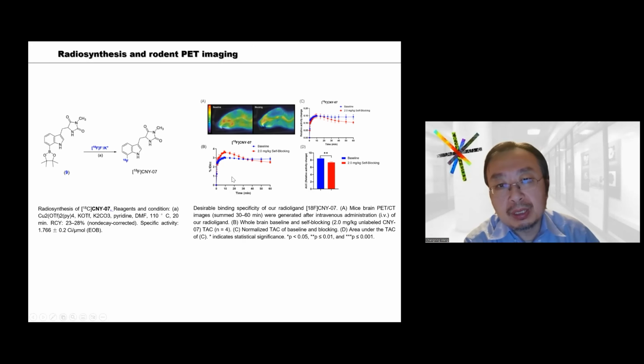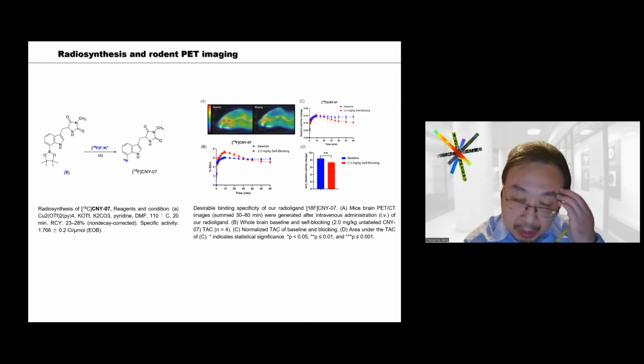From the image and the curves, we can see the brain uptake is okay, as shown by the blue line here in the C. And after treatment, the radiotracer uptake is decreased. It's blocked by the unlabeled drug with a significant difference. That means this tracer gets into the brain and also shows specific binding.